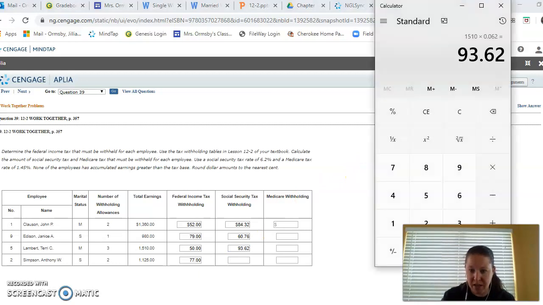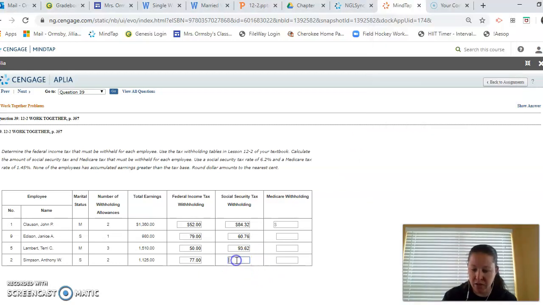And then lastly, we have Anthony. And Anthony made $1,125. We're going to multiply that by 0.062 or 6.2%, $69.75 will be withheld from his paycheck for Social Security tax.